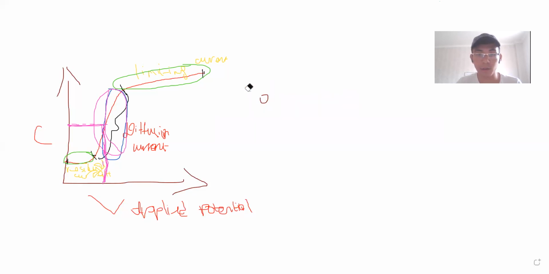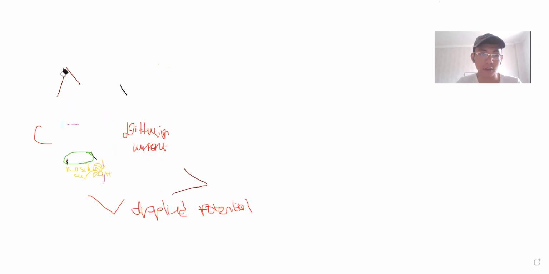But I have to say that we do not always get this kind of beautiful result. The next topic would be related to this graph, but it's a little bit different.